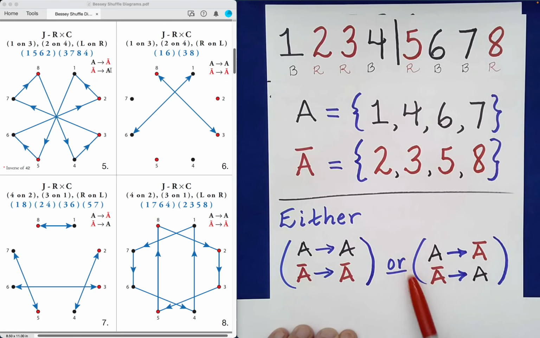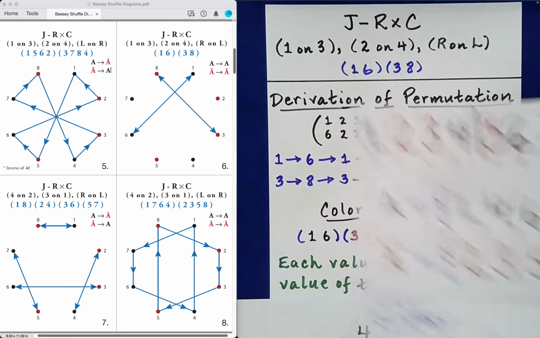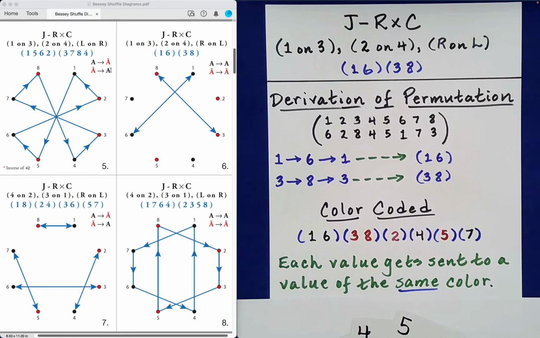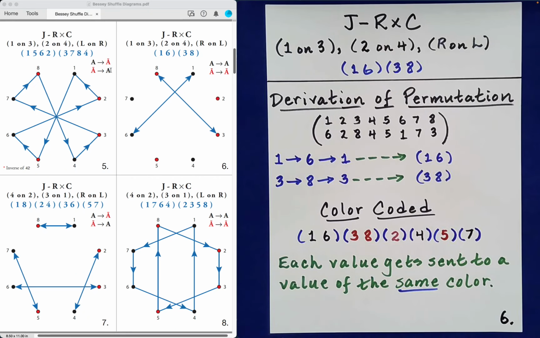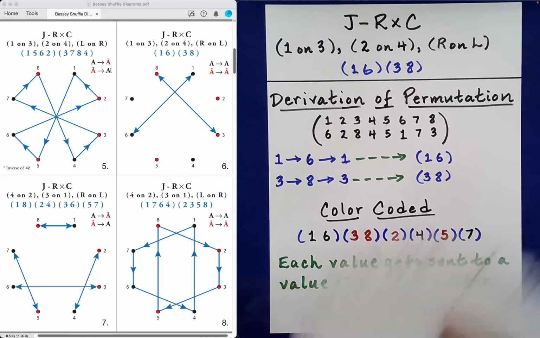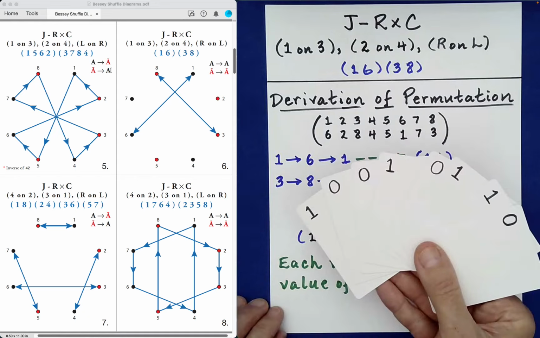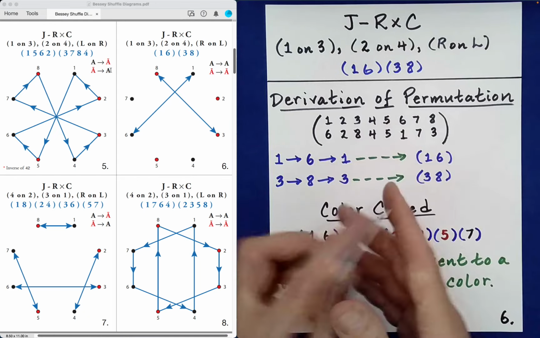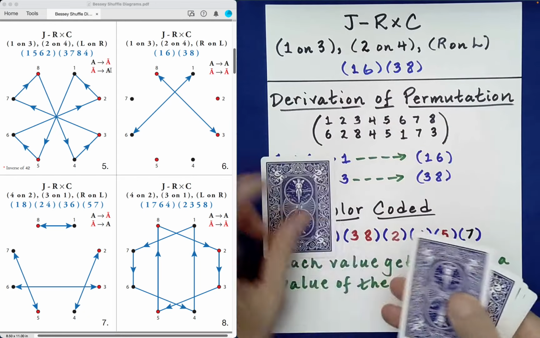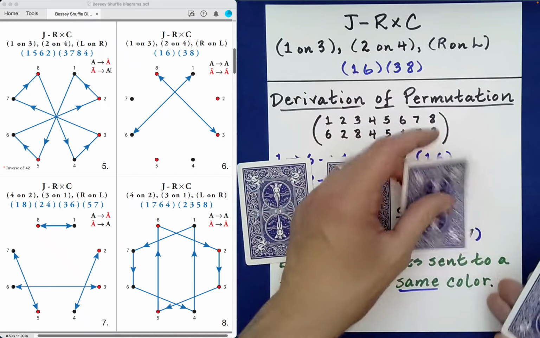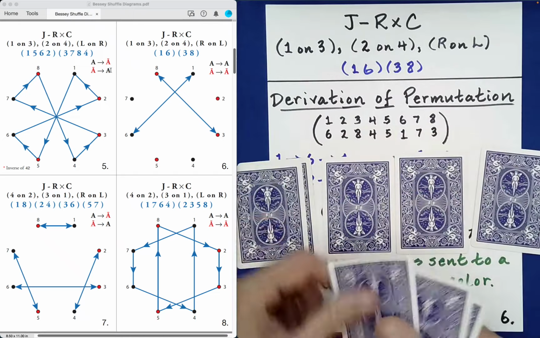Inversion happens when this occurs. So it's exactly preserved. Now, what that will mean for our Bessey sequence, and I think you can probably begin to anticipate this now with all of the practicing that we've been doing, is if we start with our Bessey sequence 1, 0, 0, 1, 0, 1, 1, 0, and we perform this shuffle, what will happen is we will get that same form back.